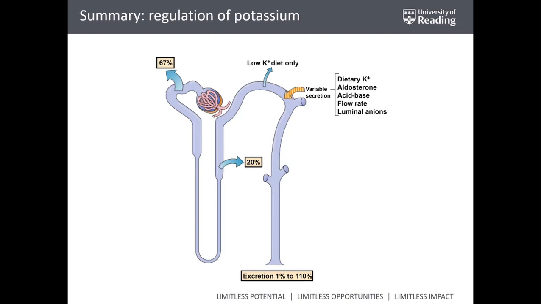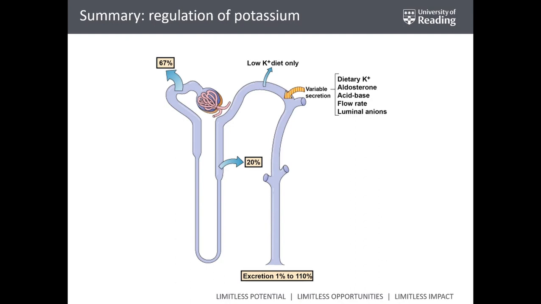So, to sum up, most of potassium is obligatorily reabsorbed in the proximal convoluted tubule, 67% of it. Then 20% of it is reabsorbed in the ascending limb of the loop of Henle.